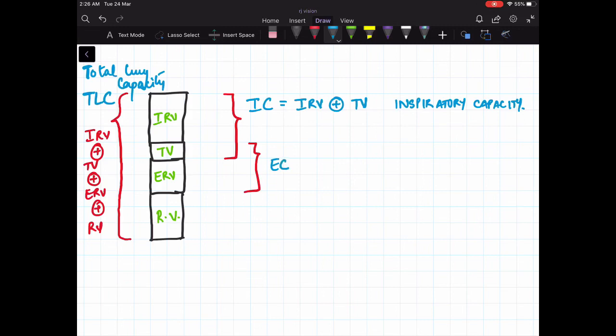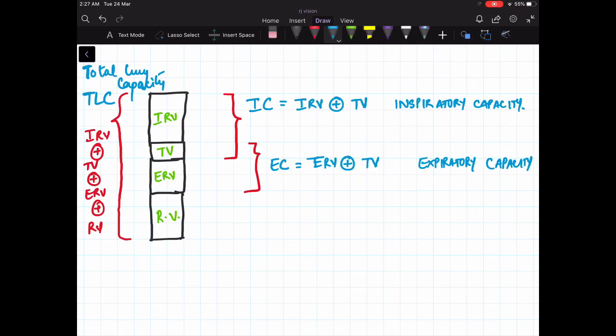EC is nothing but expiratory capacity. And expiratory capacity is ERV plus TV. ERV plus TV. That is expiratory capacity.